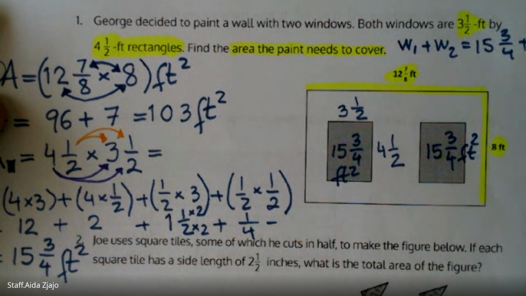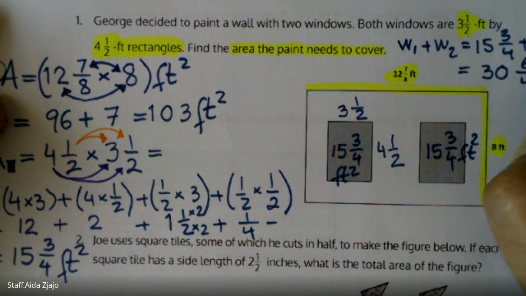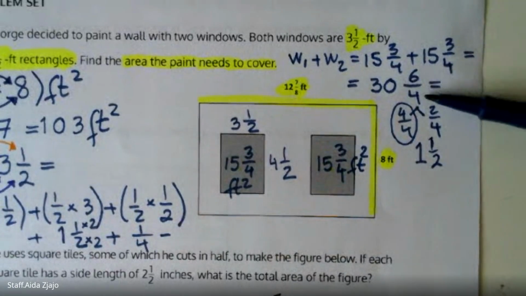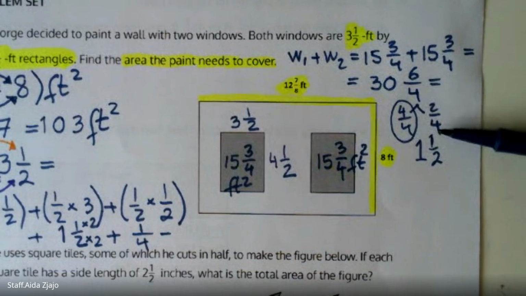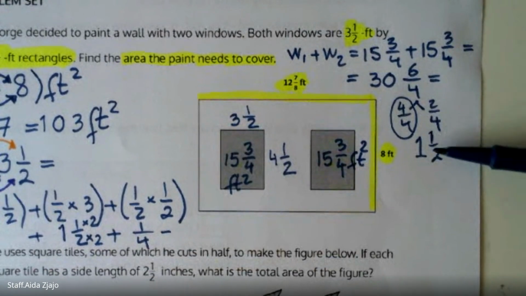So that is equal to 30 and 6/4. 6/4 is 4/4 plus 2/4. 4/4 is a whole, and 2/4, 2 is a half of 4. So that is a half.